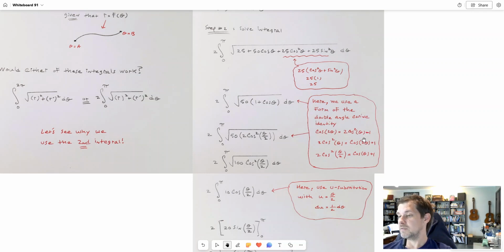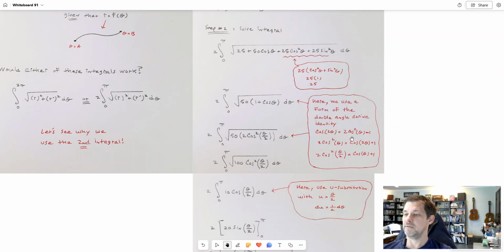This angle, 2 theta, is twice as big as that one, theta. This angle, theta, is twice as big as that one, theta over 2. Same relationship. But do you see what this says? Cosine theta plus 1. That's what I have. And it puts that in terms of a perfect square, which is compatible with simplifying the square root.